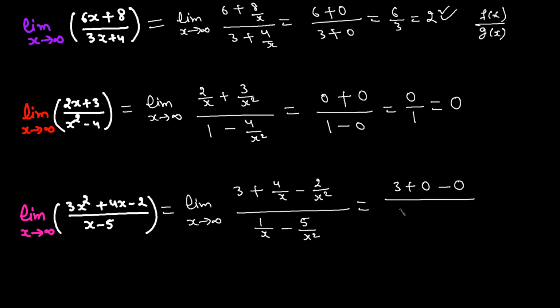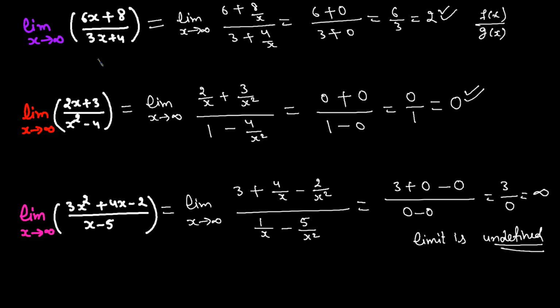In the denominator I get 0 minus 0. So we are getting 3 over 0. Something over 0, as we all know, is infinity. So that tells me the limit is undefined in this case.